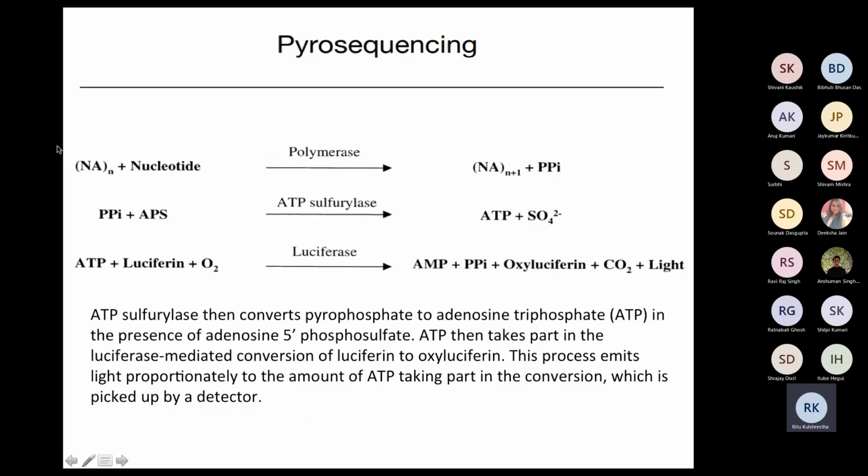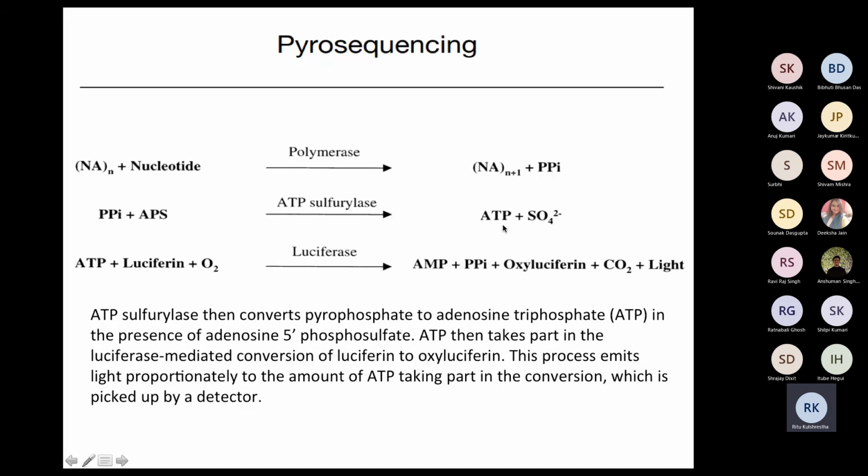Let's say the nucleotide gets added by the polymerase, and PPi gets released. Then I know through my knowledge of chemistry and biochemistry that in the presence of adenosine 5' phosphosulfate (APS) and the enzyme called ATP sulfurylase, it releases ATP.